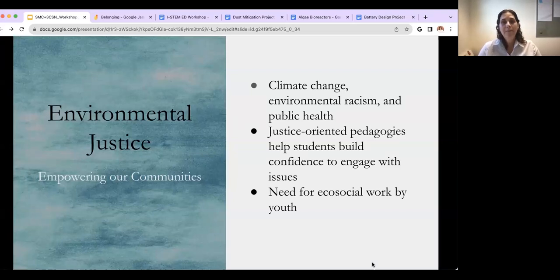My position is that it also allows students to consider applications of STEM directly. So often, particularly at the undergraduate level, we may talk about issues, but we aren't necessarily giving the context of how we can go about addressing them. What are some applications?